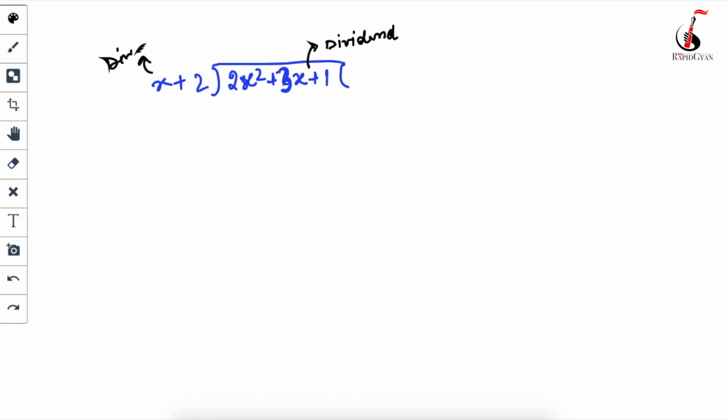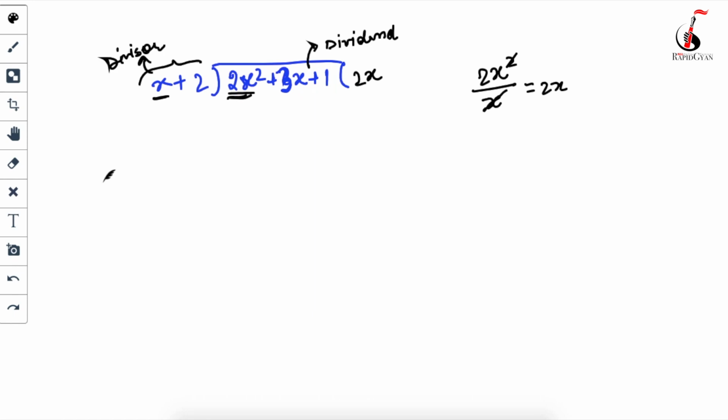Whenever we divide two polynomials, find the first term of your dividend, 2x square, and the first term of your divisor, which is x, and divide. 2x square divided by x, the x and x cancel out, you will get 2x, correct? Write that 2x over here.